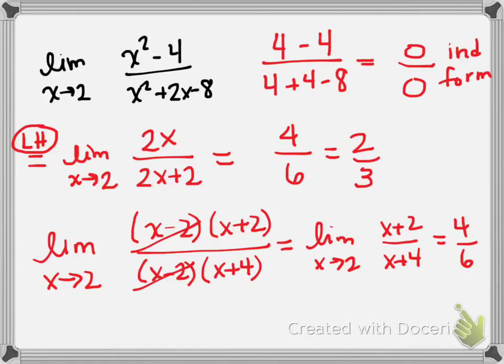So this doesn't negate the other way that we know how to find a solution to this problem. It just gives us another tool in our toolbox. No matter which way you do it, you should get the same answer.